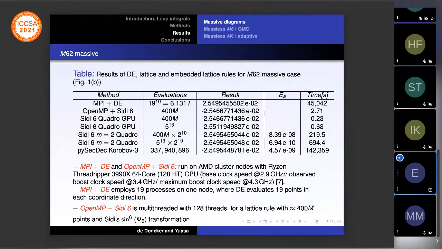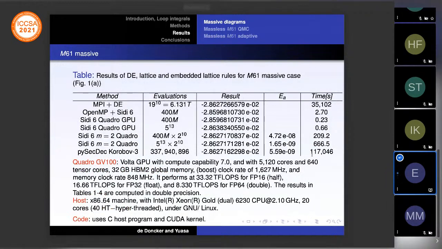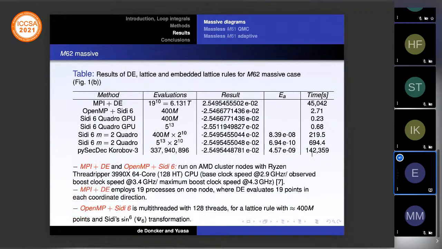All right, similar results are given here. The previous one was for the M61 massive case. Then M62, we have similar results. So also the times behave similarly, and the accuracies compare favorably.